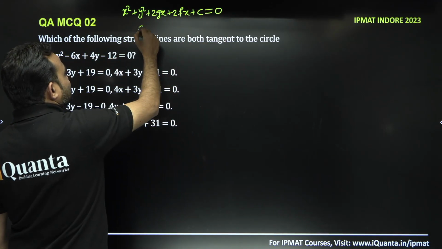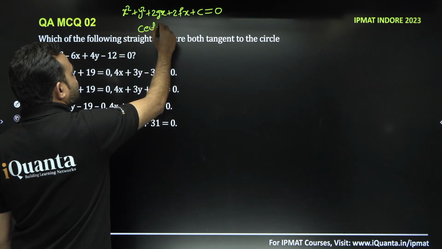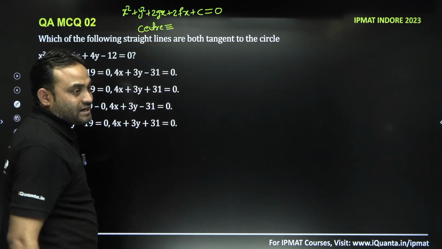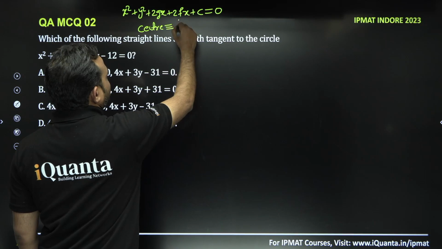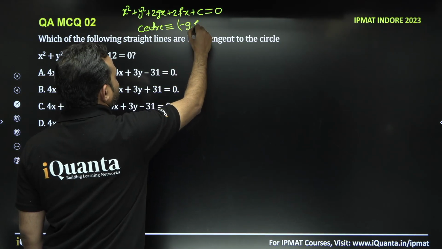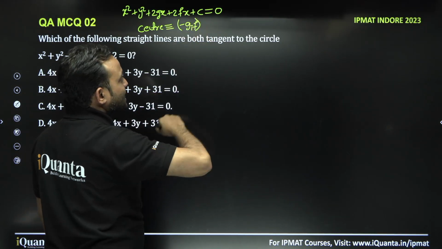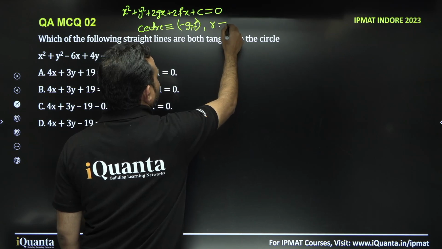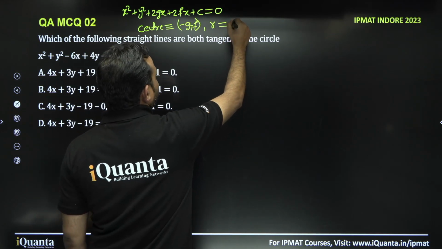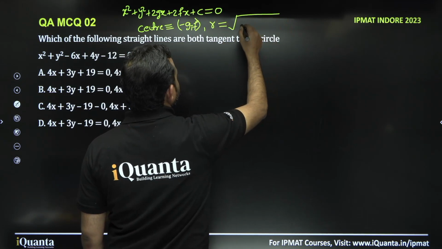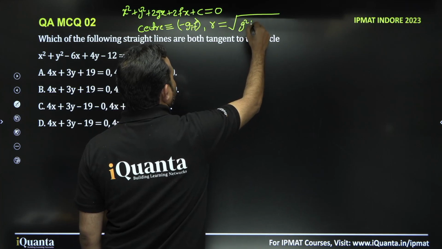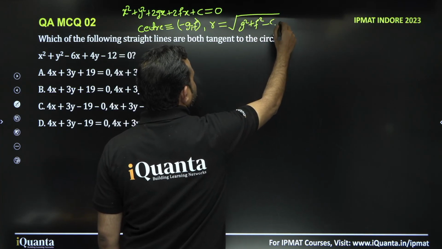The coordinate of the center will be (minus g, minus f), and the radius will be square root of g square plus f square minus c.